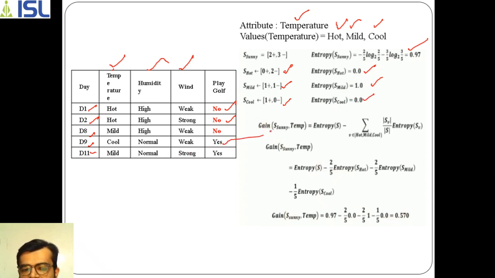So here we need to find the information gain of the temperature attribute with respect to sunny: entropy of sunny minus entropy of temperature.